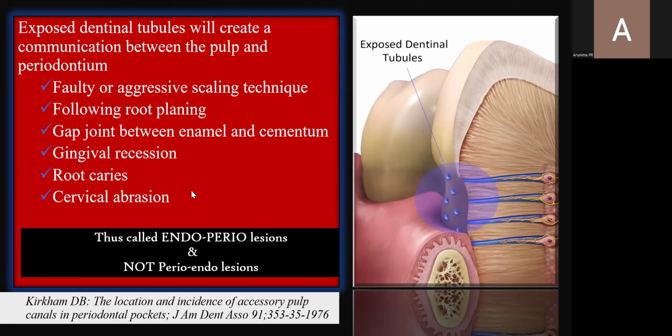The gap joint between enamel and cementum is another potential area, and so are gingival recession, root caries formation, and cervical abrasion. These are all potential communications between pulp and the periodontium, and there arises the lesion you call an endo-perio lesion.